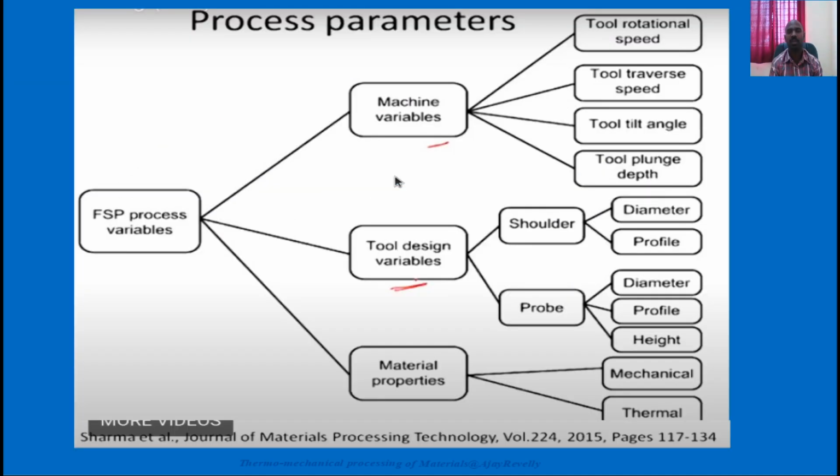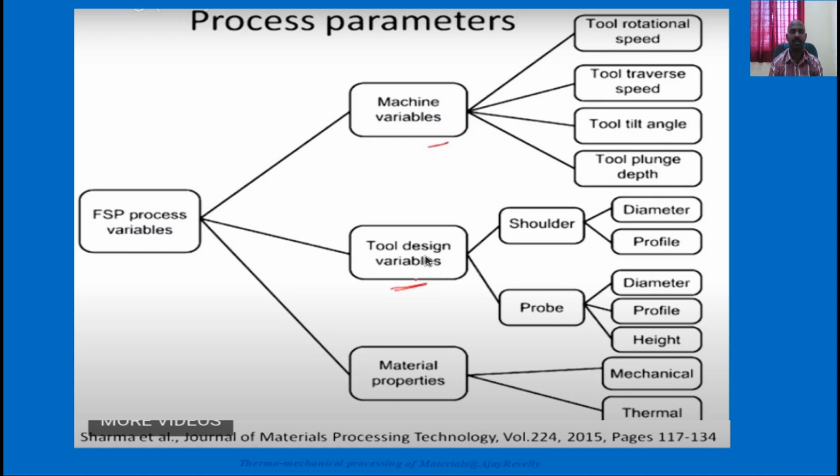And what are the friction stir processing parameters which are variable? Within friction stir processing, machine variables, you can vary tool rotation speed, traveling speed, tilt angle and tool plunge depth, 2 mm or 3 mm, tilt angle 2 degrees or 3 degrees, you can change.